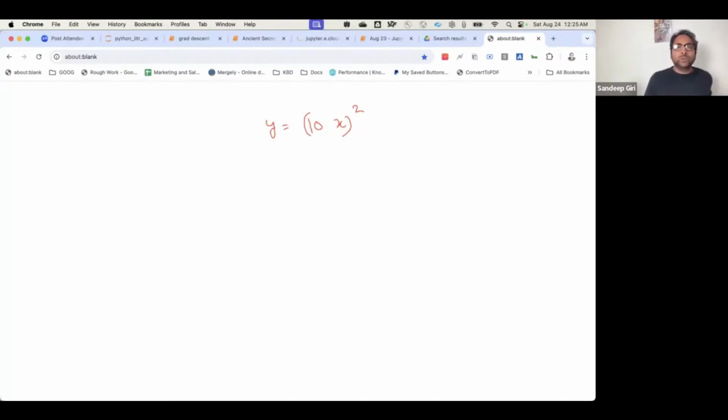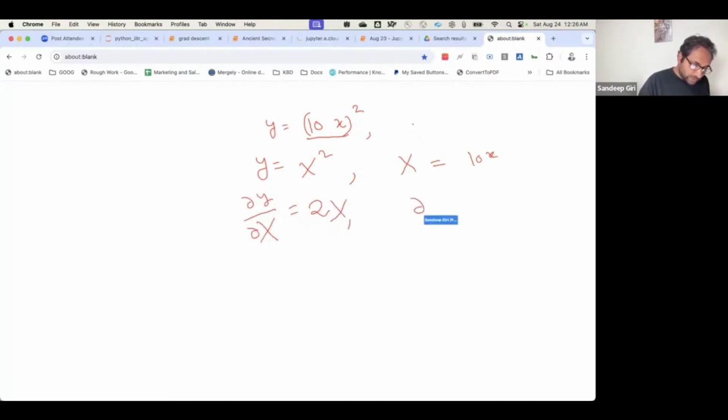Okay, so this is where you remember the chain rule. Chain rule is that first you consider it like a big number. Say you are given y equal to capital X square, and capital X is equal to 10 of x. You compute dy by d capital X, which comes to be 2X, and then you compute d capital X by dx, which comes to 10, and then you multiply these two things.